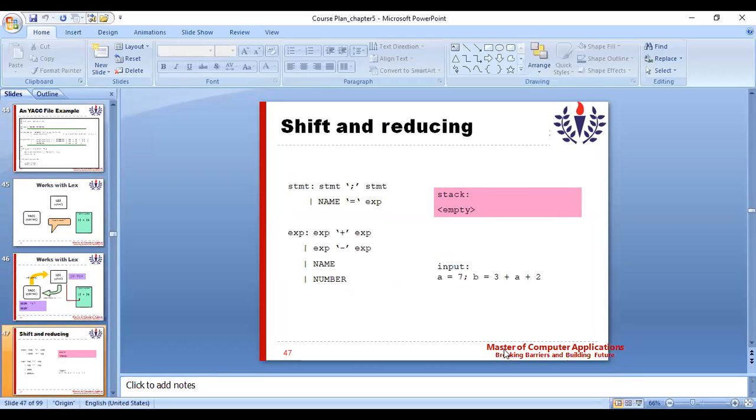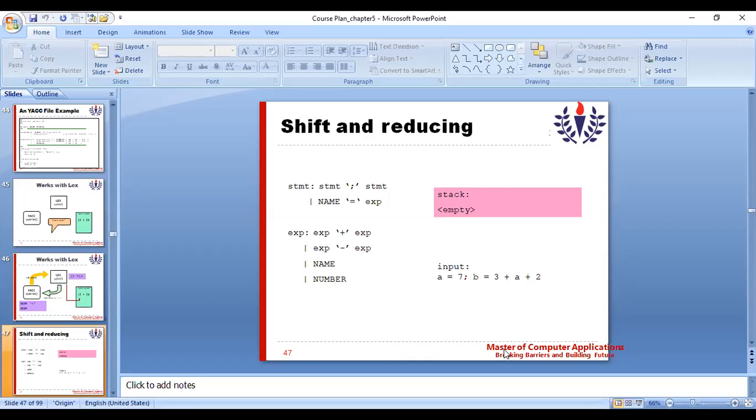Once the input is matching with the grammar, RHS will be replaced by LHS. That is exactly what is called reduce. And what is shifting? Shifting is basically moving the token into the stack. That is called shifting, right?